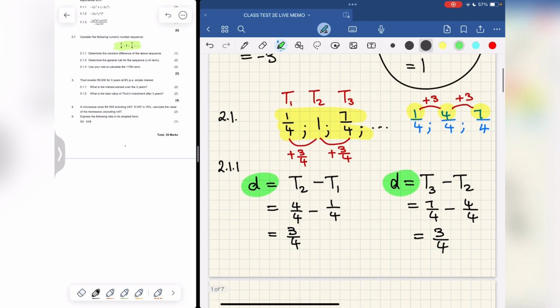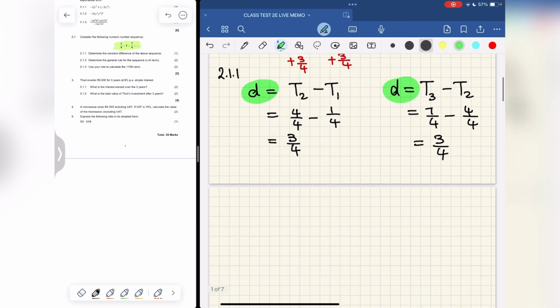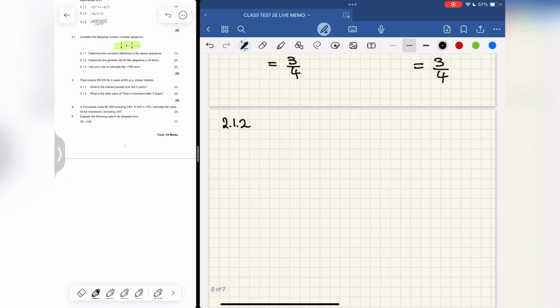In this case, we've already analyzed it, and we knew that it would be the same. I was just showing that to you by writing it out. But getting back to the question, we have answered it with our constant difference being 3 quarters, and we can now go and answer 2.1.2. Determine the general rule for the sequence.